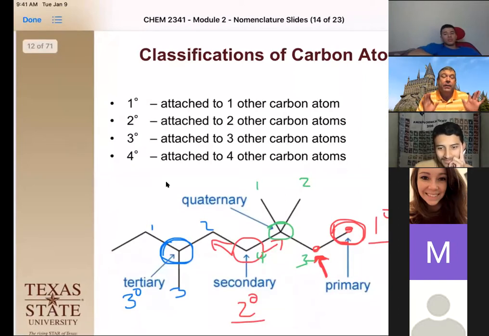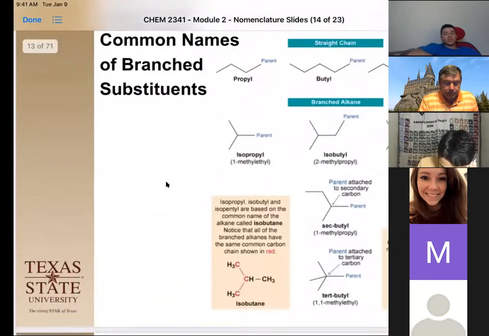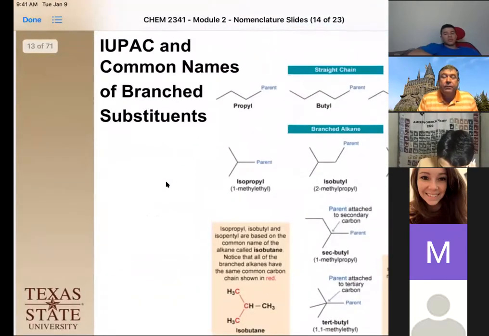Okay, so that's going to help us identify some things about our branching on our substituents and our main chain as well. Okay, so like I said before, when we have these branches coming off, we have some common names because they are used so much, and it makes them very easy to identify quickly.